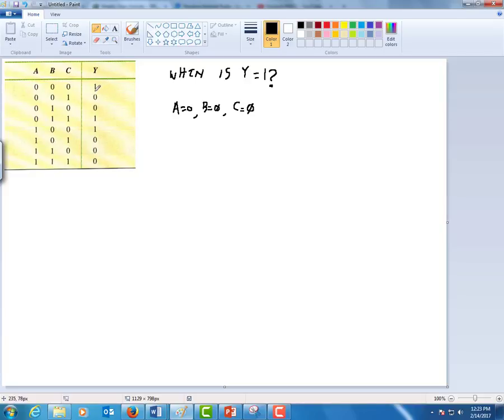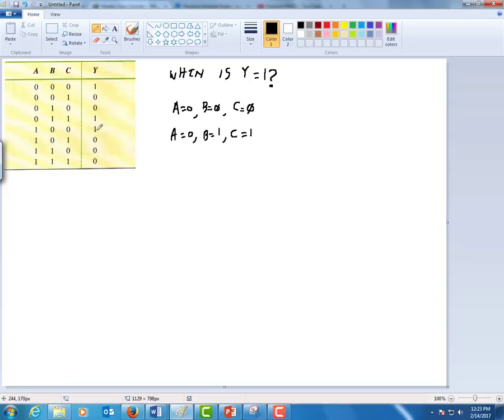When else is it equal to 1? Well, let's come down here. It looks like when A is equal to 0, B is equal to 1, and C is equal to 1. How about the next one? What about this one?